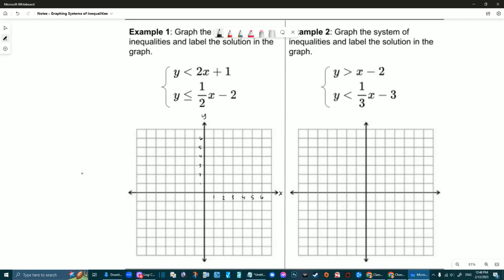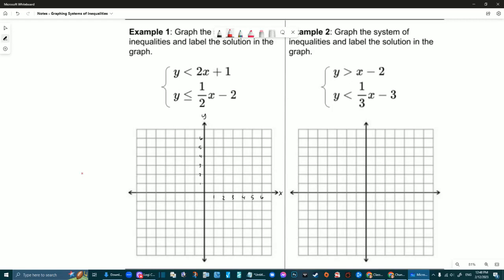The other thing I'm going to do is color code. We did this with linear equations, but it's super important here because we're going to be shading in our graph and we want to make a nice clear distinction. So I'm going to be doing this first equation in red and the second equation in blue.